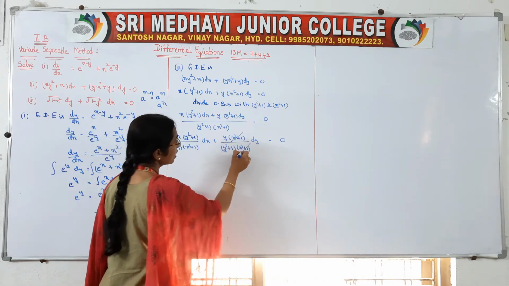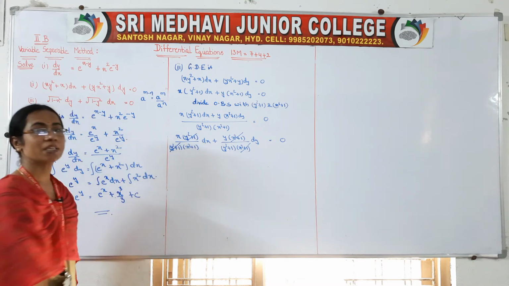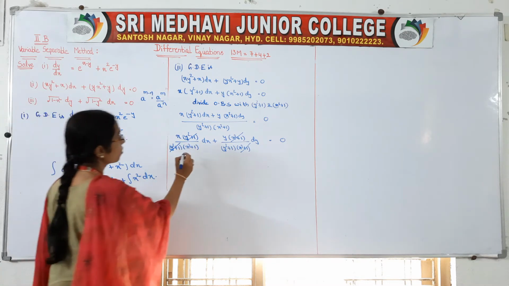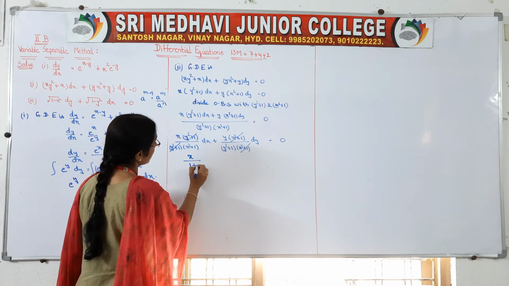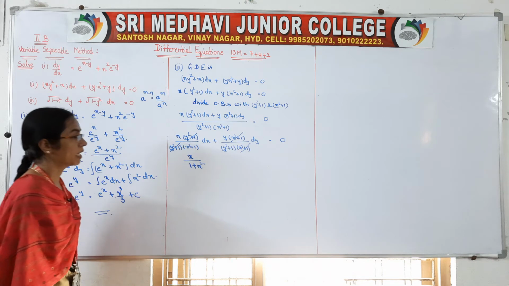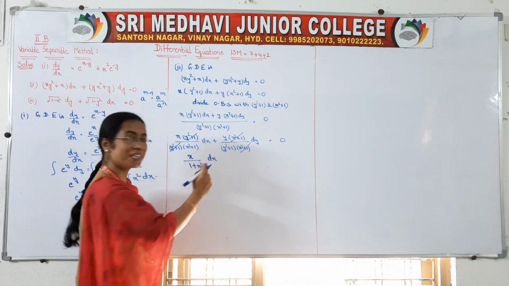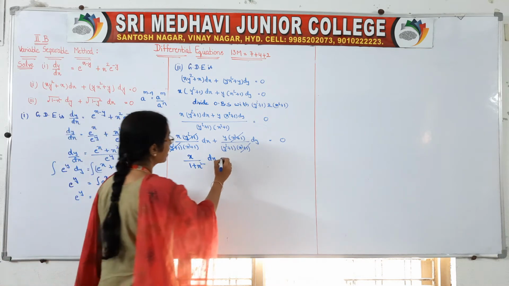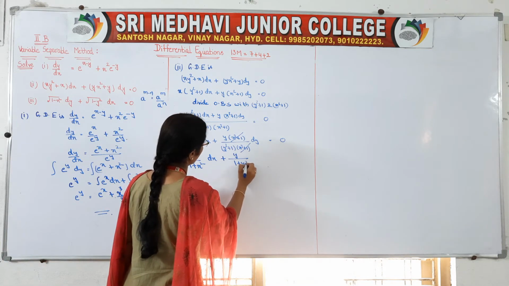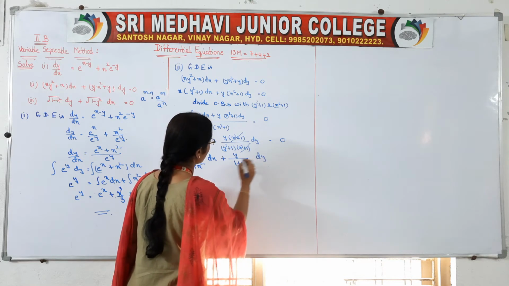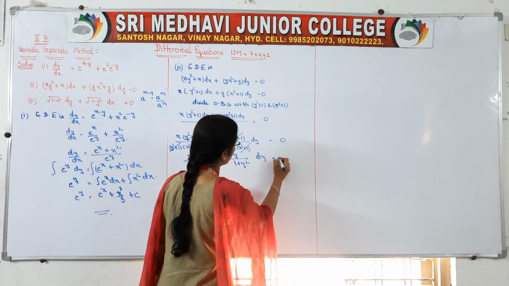The x² + 1 and y² + 1 cancel. Now observe how nicely you got it. We can write this as x by (1 + x²) dx, x terms into dx, right? Next, plus y by (1 + y²) into dy, y terms into dy, is equal to 0.